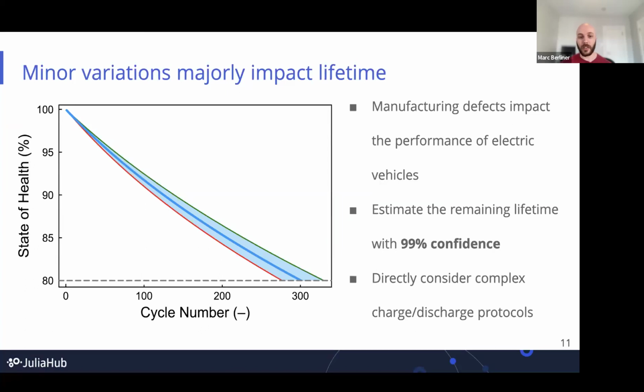These are the thicknesses of your electrodes, as well as the separators, as well as some of the active material coatings that we get on the electrodes. And with just these very few changes in the system, we can see that we get a really huge variation in our lifetime. So as we know, not all cells are created equally.